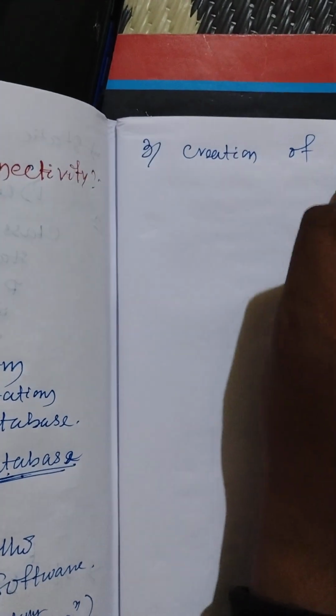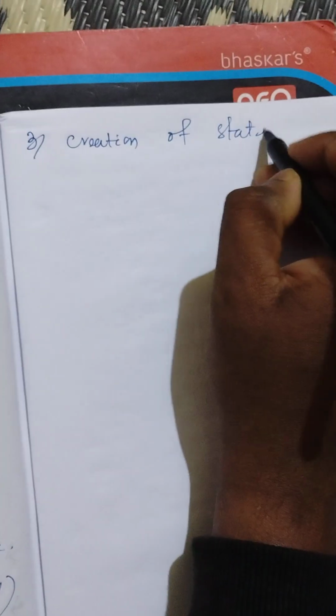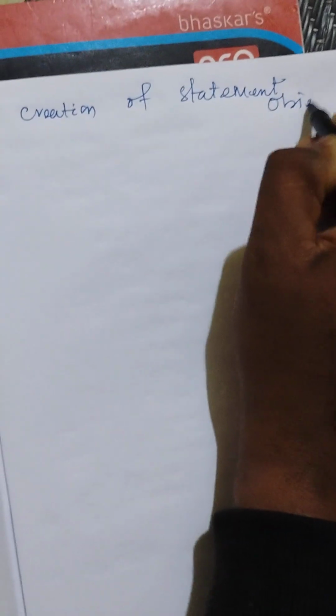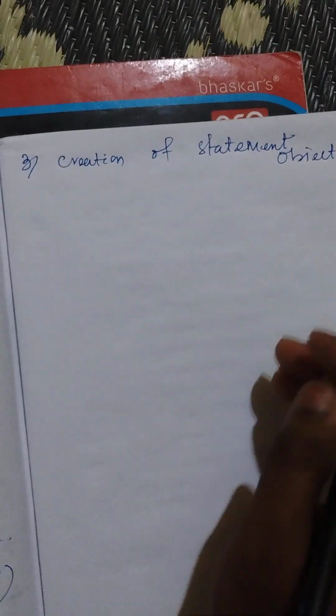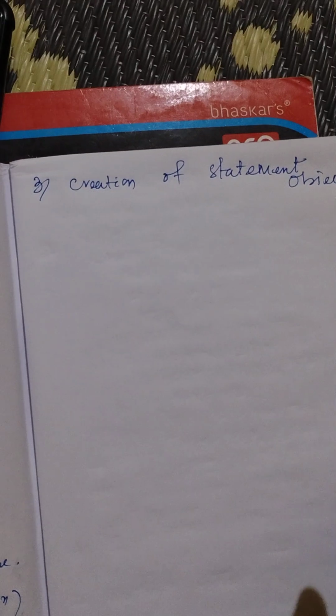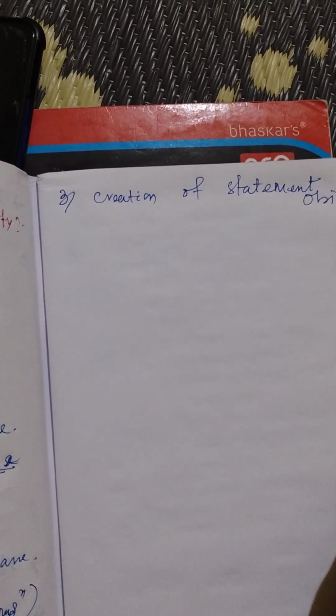Then the third step is creation of a statement object. How can we create it?